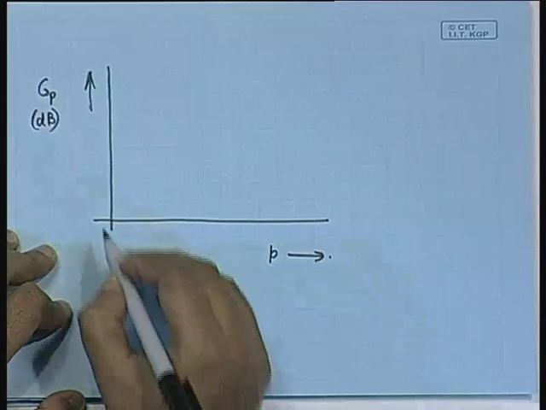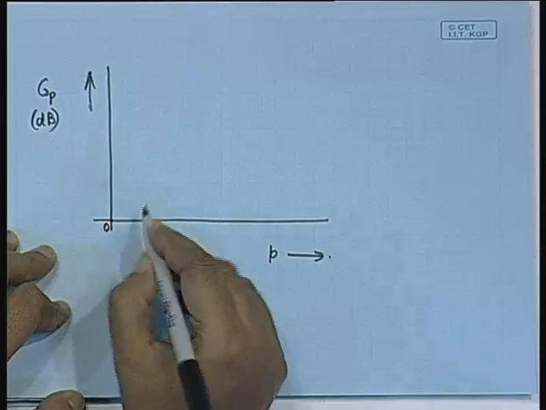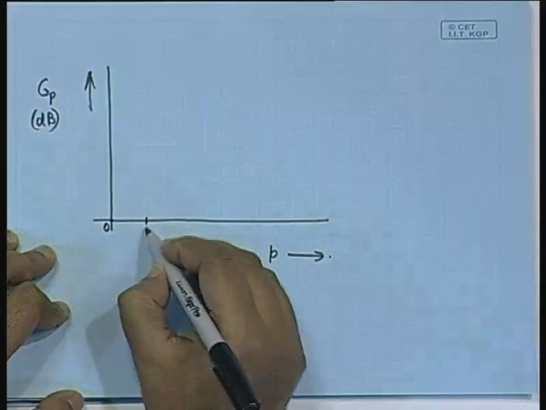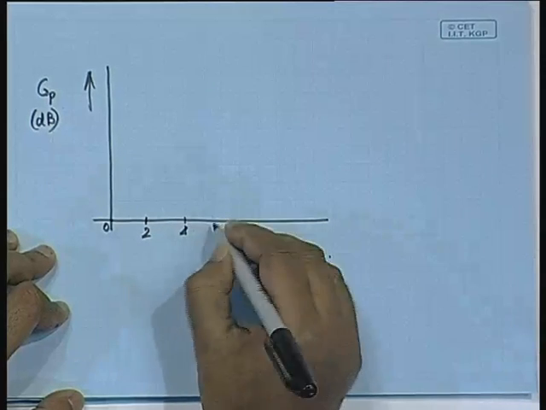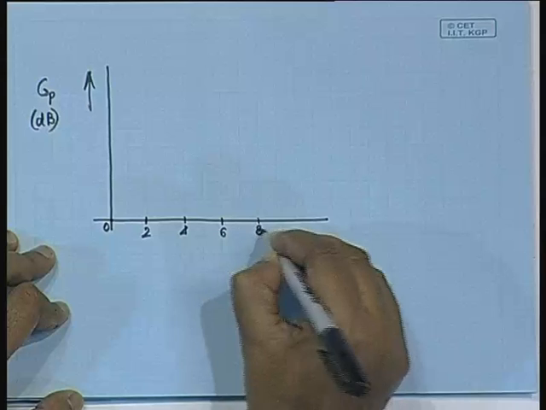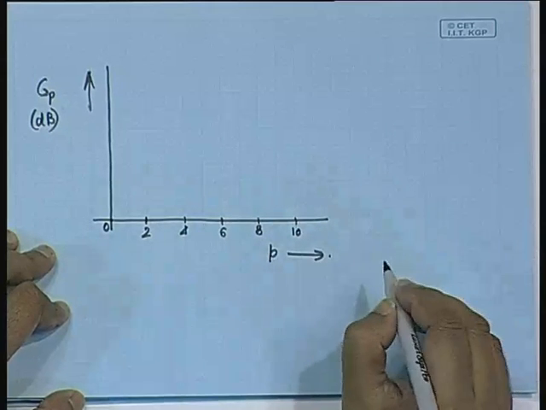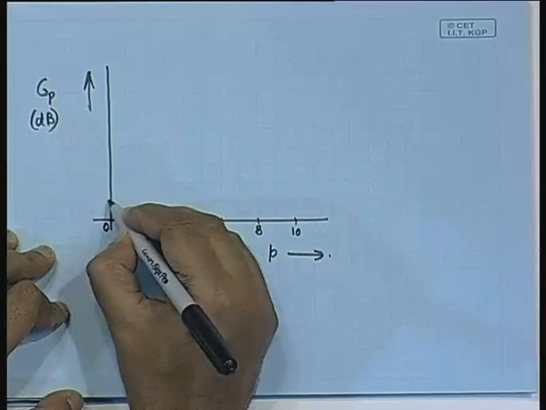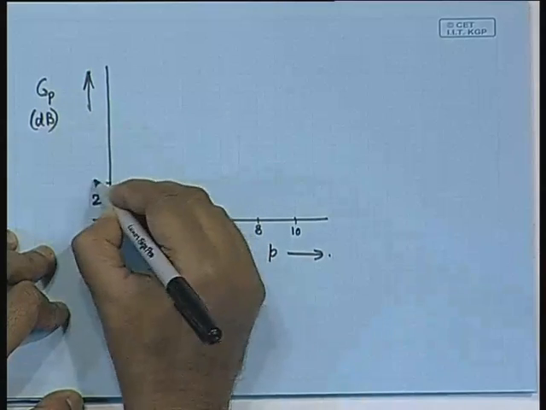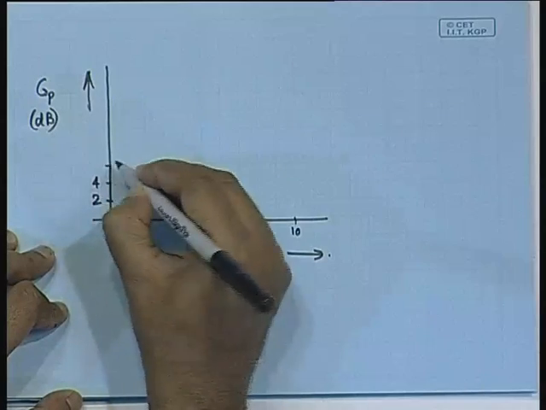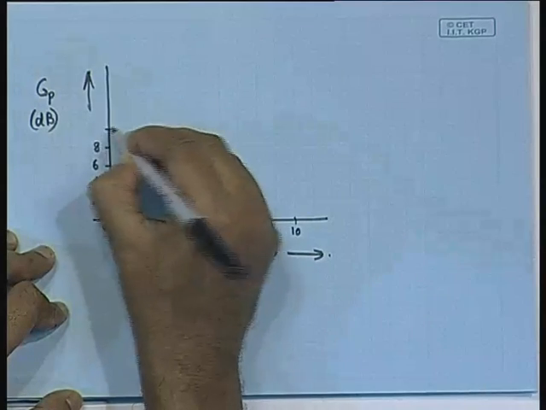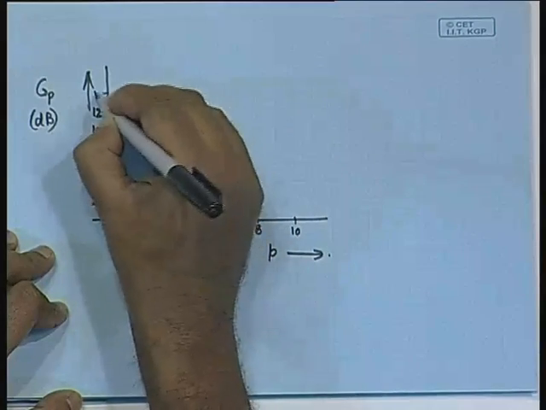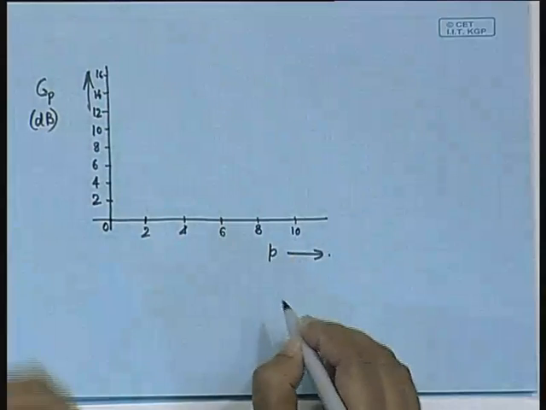So, the number of coefficients, one can have this as 0. Definitely 0 is a very hypothetical case, but then 2, 4, 6, 8, 10 like this. And the predictor gain we plot as 2 dB, 4 dB, 6, 8, 10, 12, 14, 16 and so on.